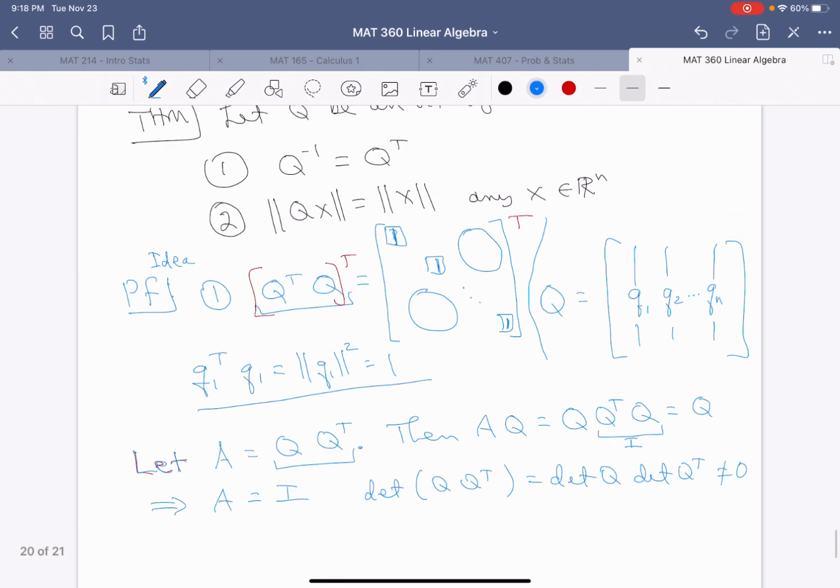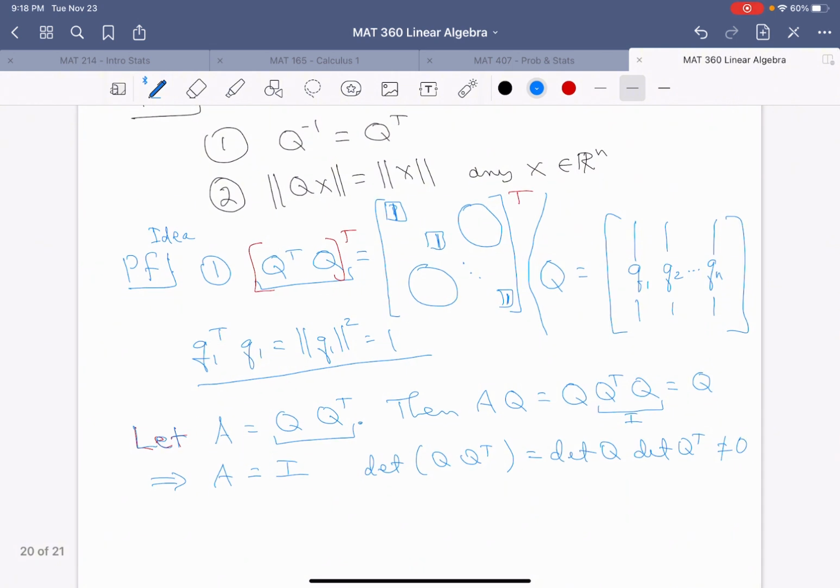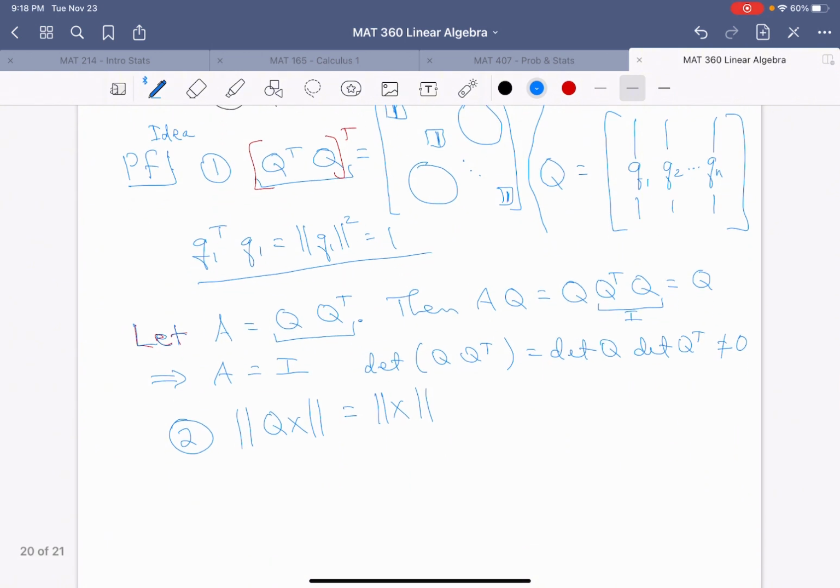All right, so the second thing that we want to see is that the length of QX is the same as the length of X. Well, let's look at the length squared of QX, the length of QX squared.